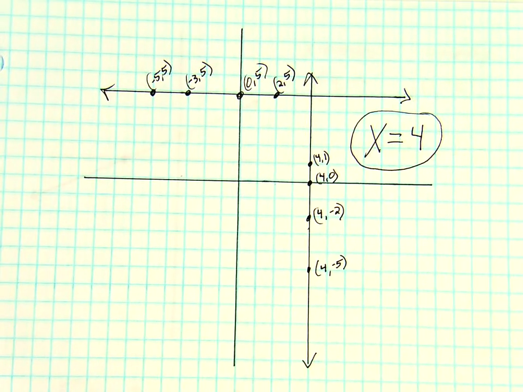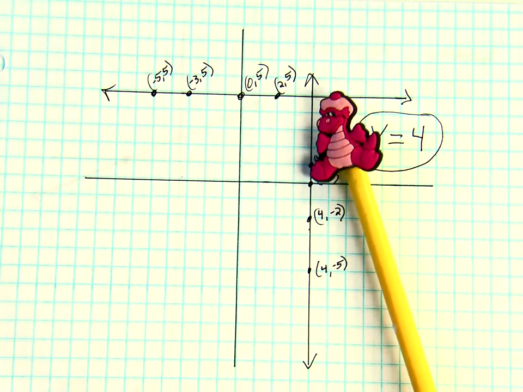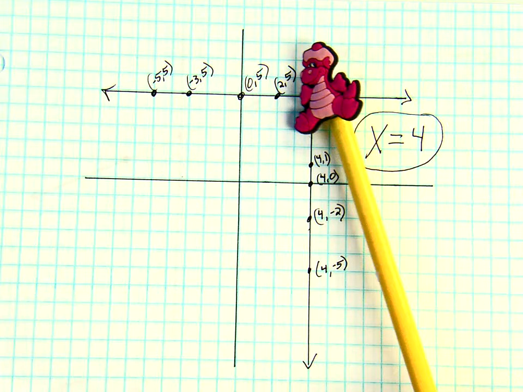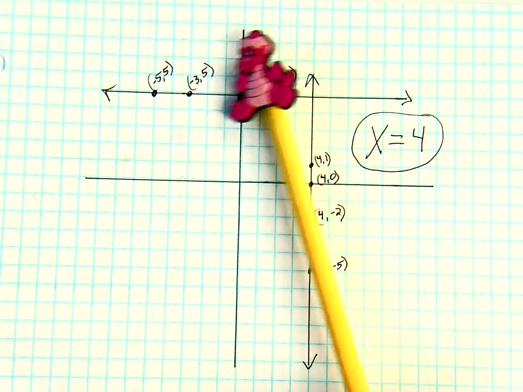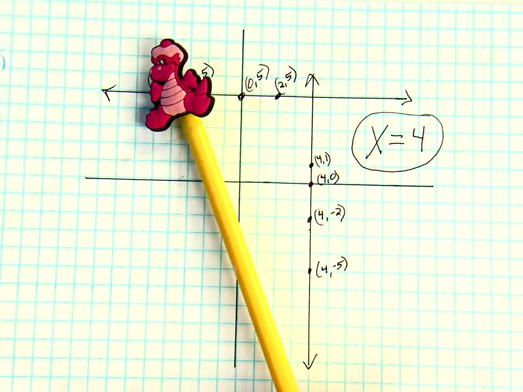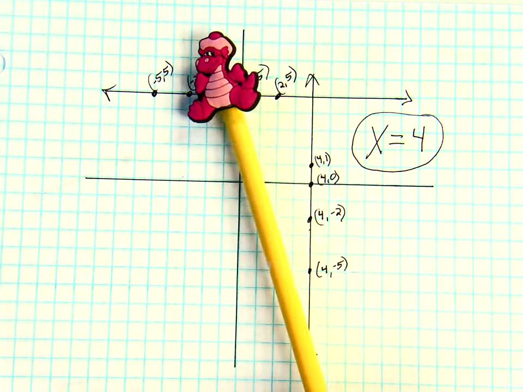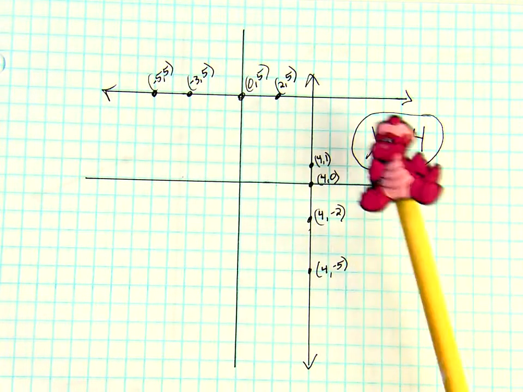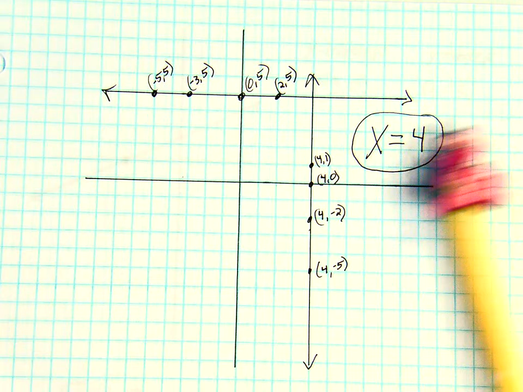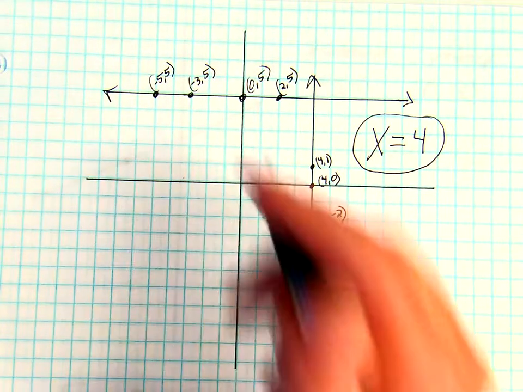Let's bring little purple guy in again. Hello again, everybody. What do I see here? 0, 5; -5, 5; 5, 5. Look, they are all y equals 5. Yes, they are all y equals 5.